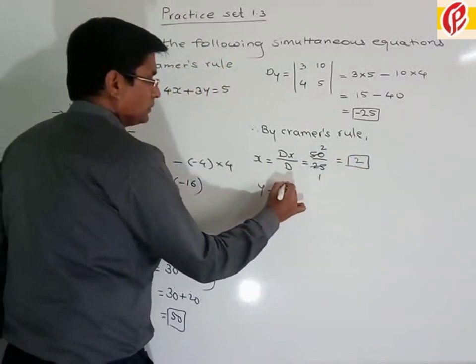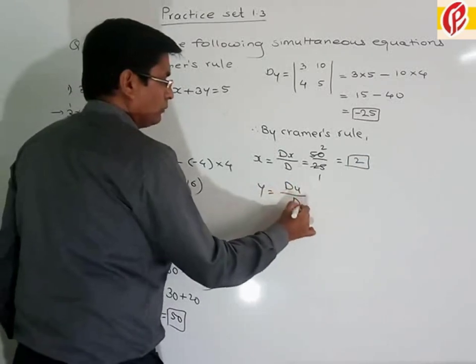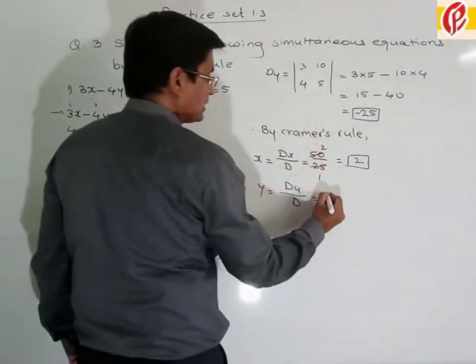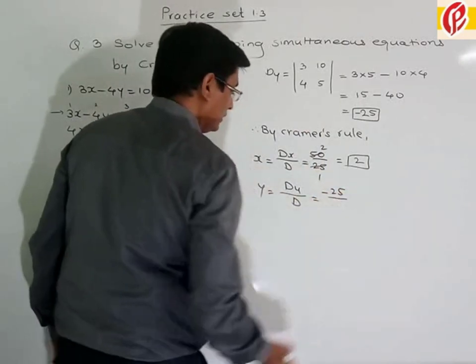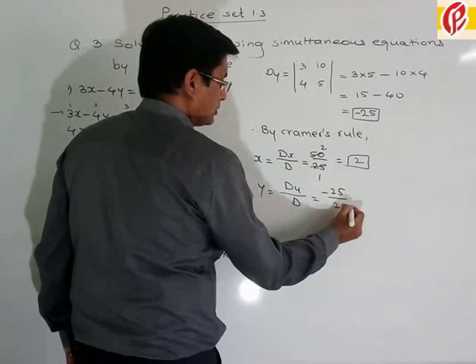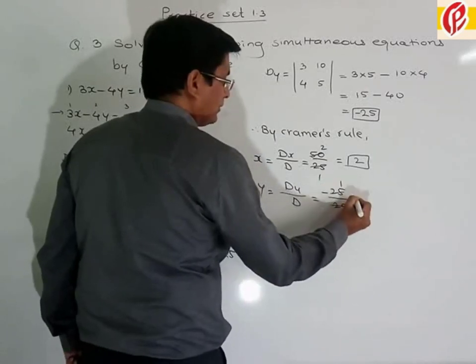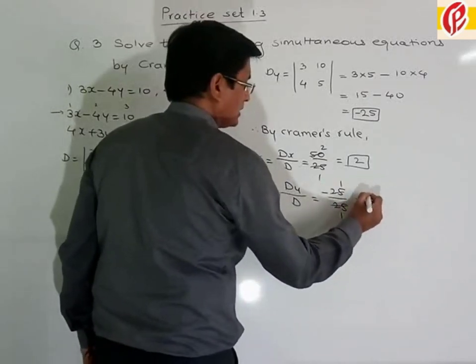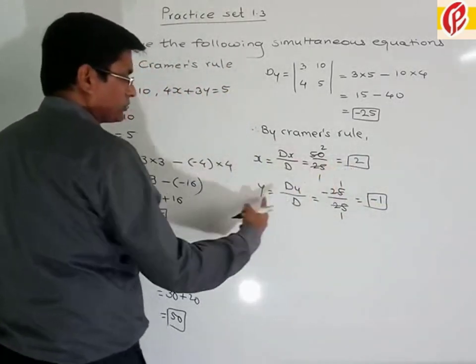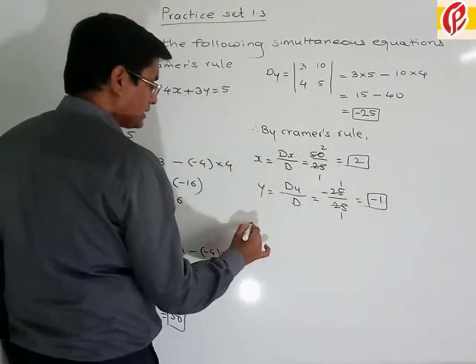Then y is equal to dy upon D. What is the value of dy? Minus 25. And what is the value of D? 25. So 25 ones are 25 and 25 ones are 25. So the answer is minus 1. So we get x is equal to 2 and y is equal to minus 1.